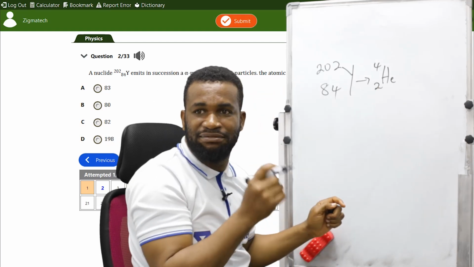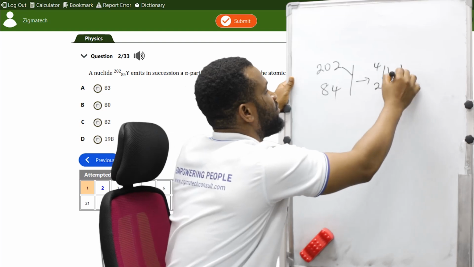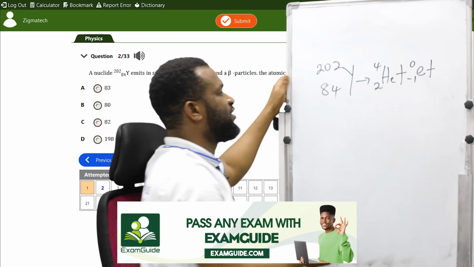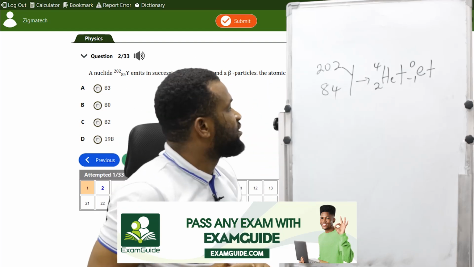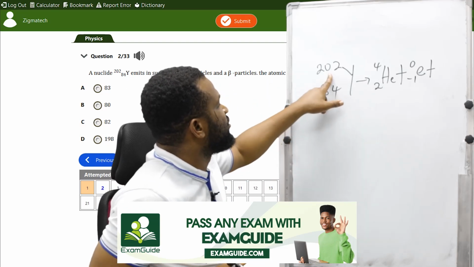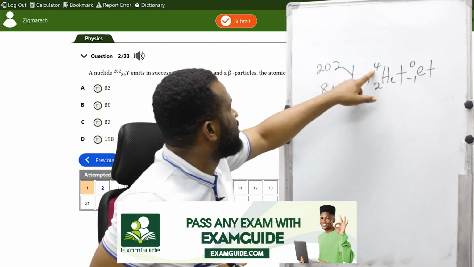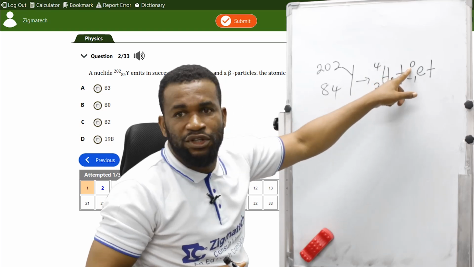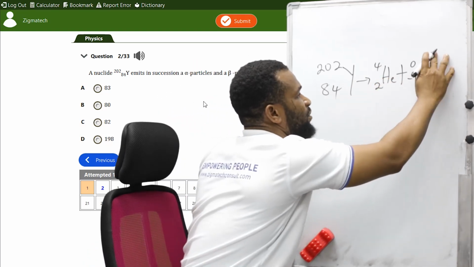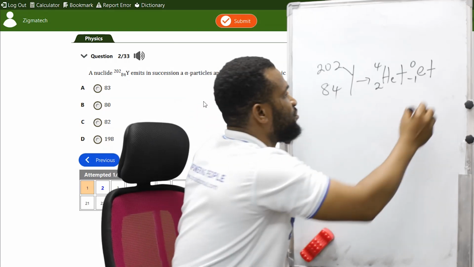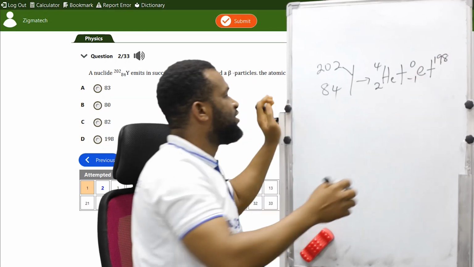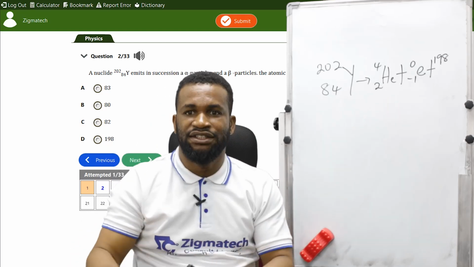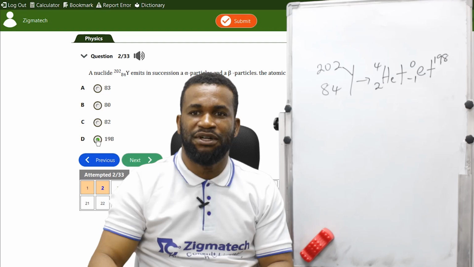Then at the same time, it is giving off a beta particle. So what element is going to be formed? The mass number is going to be 202 minus 4, which is 198. Yes, 198 is there. Is there any information on the atomic number? There's no information. So the answer is D. I'm choosing D as my option.